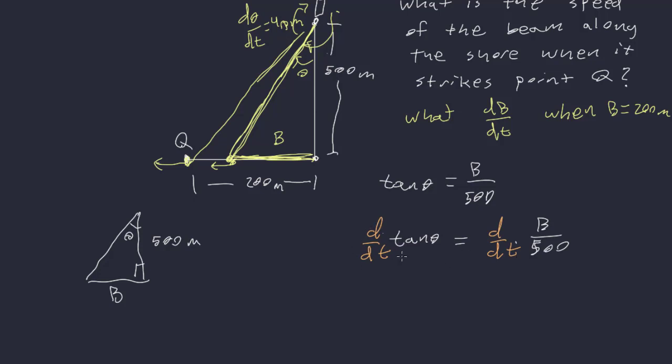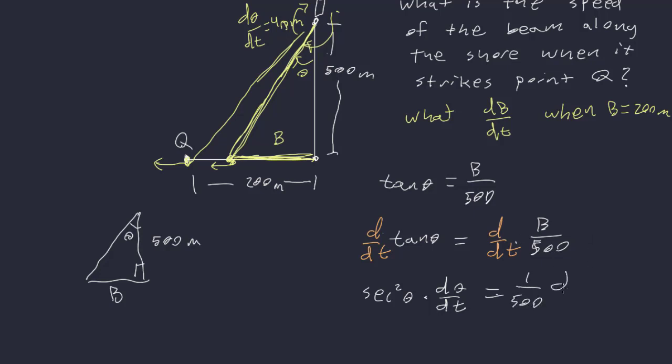Okay, so a derivative of tangent theta with respect to t is equal to the derivative of B over 500 with respect to t. So this will be secant squared theta times d theta dt. And then derivative of B over 500, well, we can move the 1 over 500 outside.